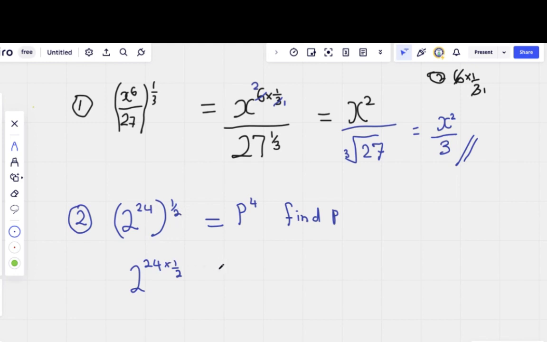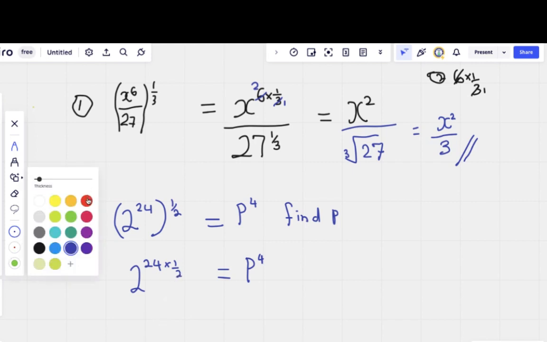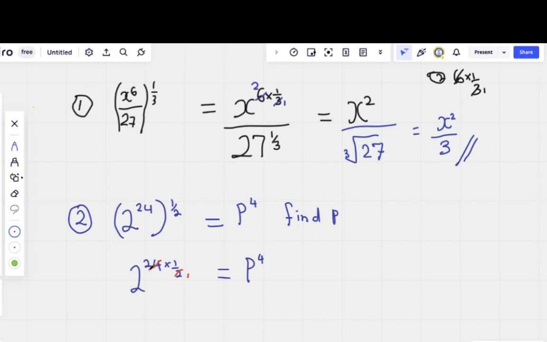Then this will be equal to p to the power of 4. Now, the next thing to do is to first of all deal with this power. So 2 going into 24, we get 12. So what we get here eventually is 2 to the power of 12, equal to p to the power of 4.